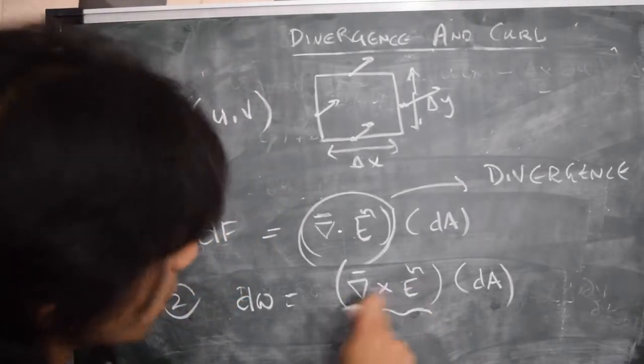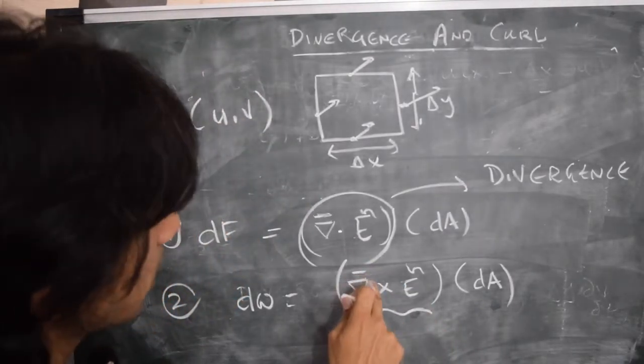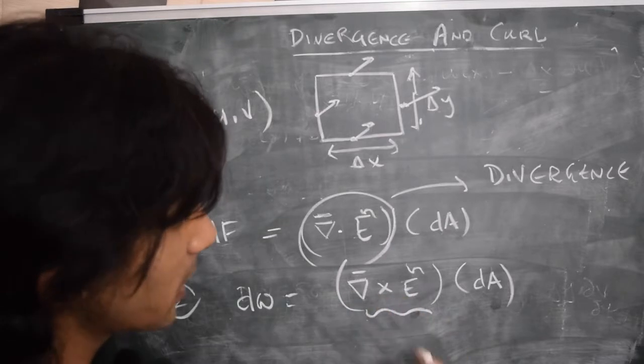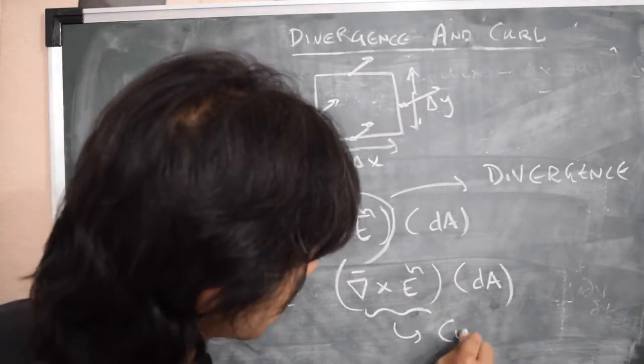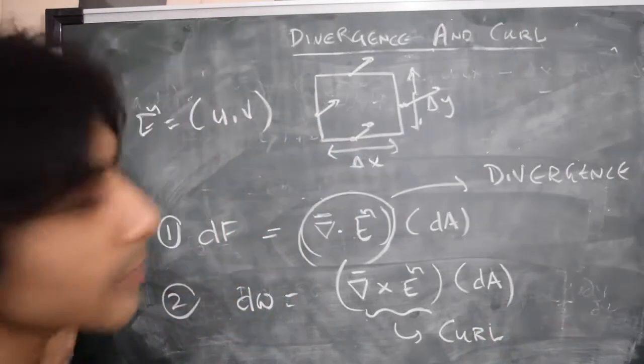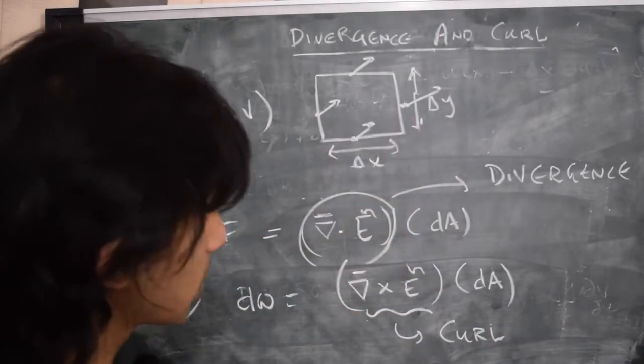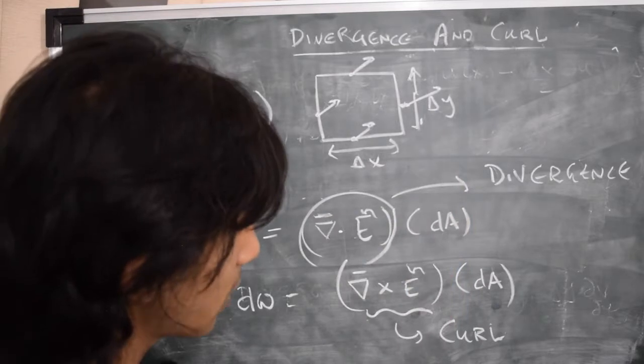That is, the cross product of the gradient operator with the vector field times the infinitesimal area. This cross product is called the curl of the vector field, which is the other part of the title of this video.